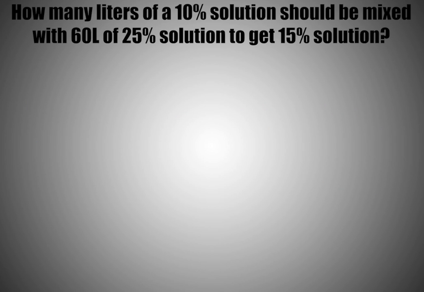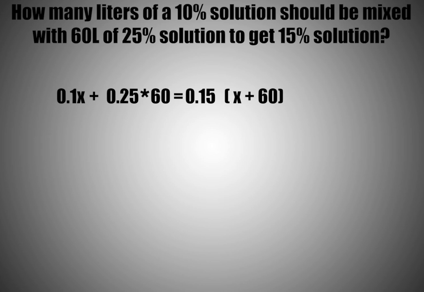So the next step is we will be equating the problem. The basic equation for this is 10% or 0.1 of x plus 25% or 0.25 times 60 is equal to 15% or 0.15 multiplied by the quantity of x plus 60. Remember, x is the amount of 10% solution.